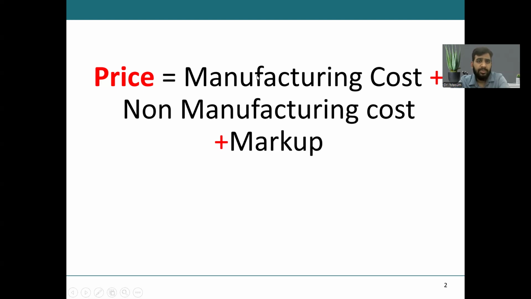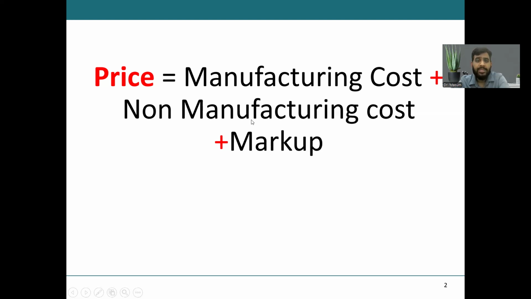But those who do not have a background in accounting or management have to learn more about manufacturing cost, because manufacturing cost is known as the factory cost, also known as production cost, and also known as product cost. And non-manufacturing cost is known as period cost, or sales and marketing and administrative expenses, also known as operating expenses.